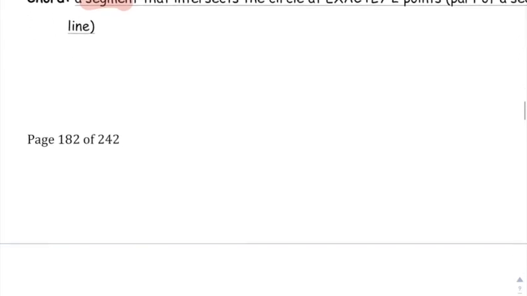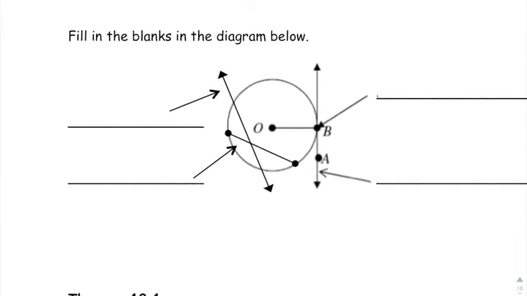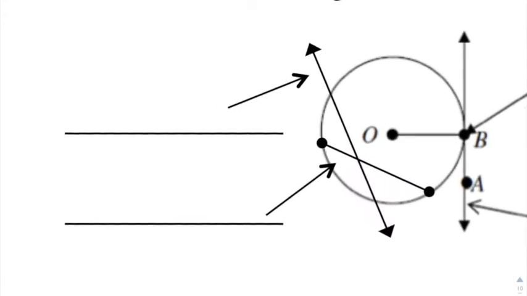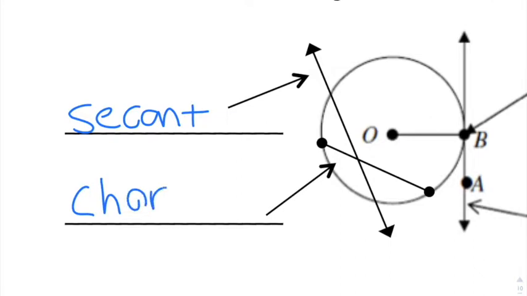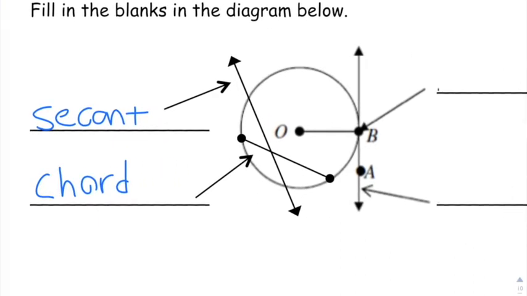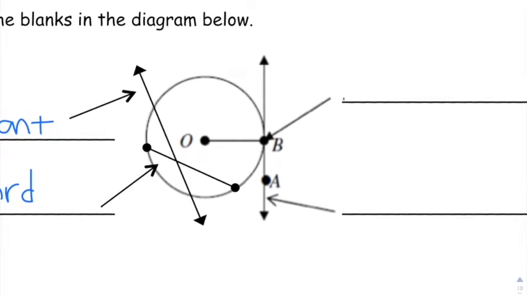It's a little bit easier once you have all the pictures right here of all the different things. So this first one here in the top left intersects twice, so that's got to be a secant line. Down here, this segment intersects twice, but it doesn't go on forever, so we call that a chord of a circle.